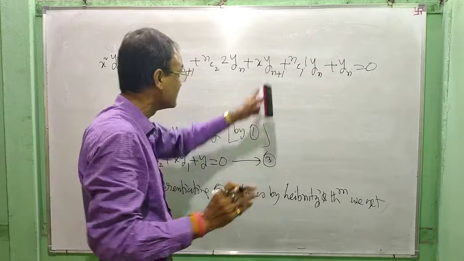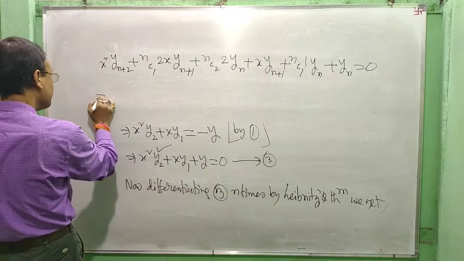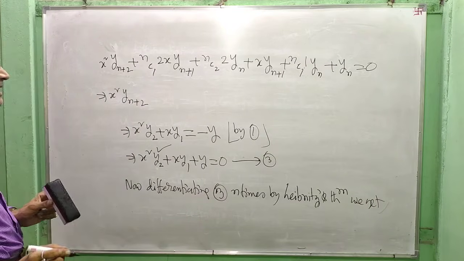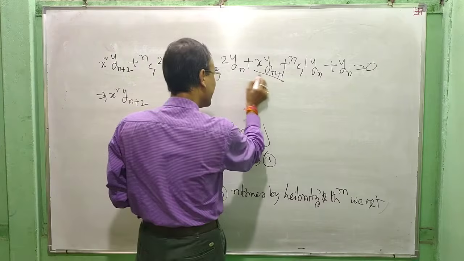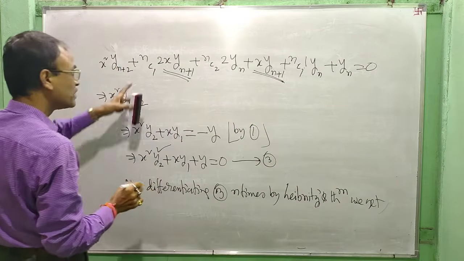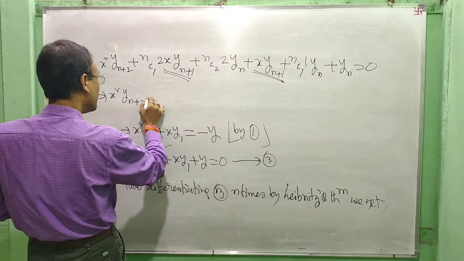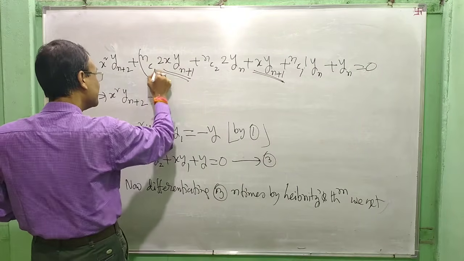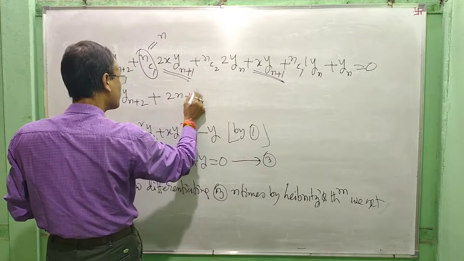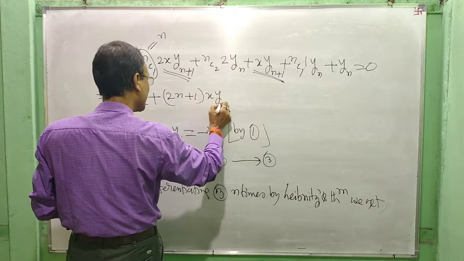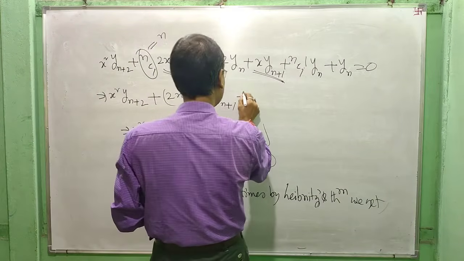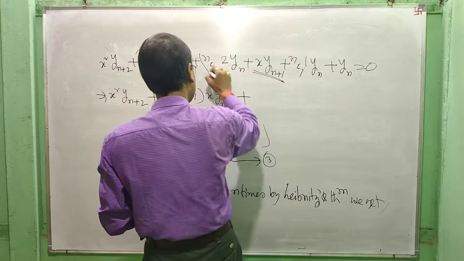Perhaps you understand this. This means x square yn plus 2. See, x yn plus 1, x yn plus 1, these two terms will be common. Plus it will be n, this is nothing but n. This is equal to twice n plus 1 times x yn plus 1, plus, what is this?